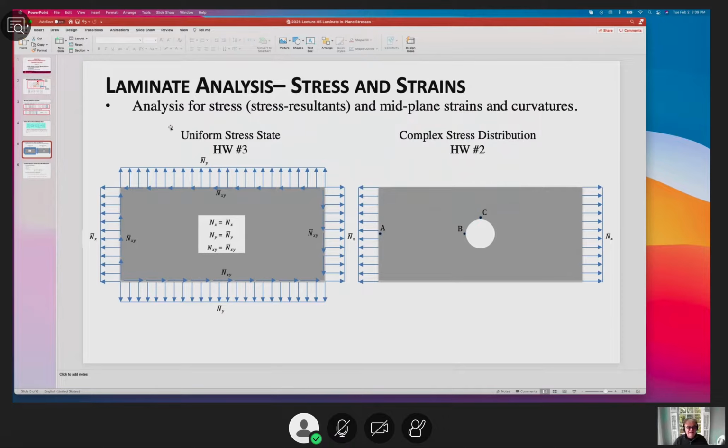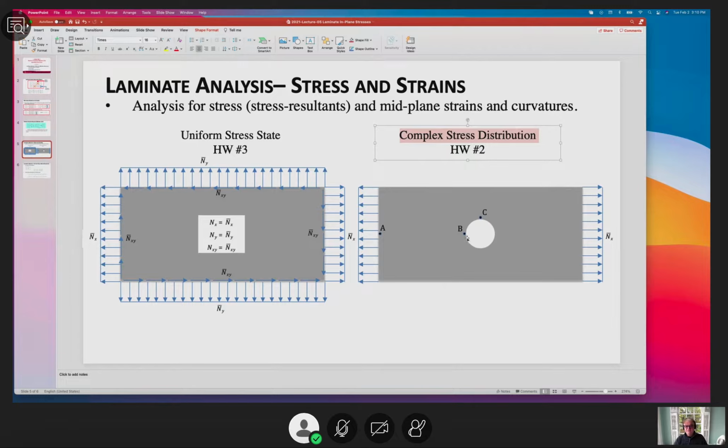One is a trivial case where, okay, sometimes we can have uniform stress state in a laminate across the domain of the laminate. But more often than not, the stress state is complicated. That was homework number 2, where I said, okay, here's a plate with far field stress resultant n sub x bar acting, and n sub x bar on the other side, stretching it.